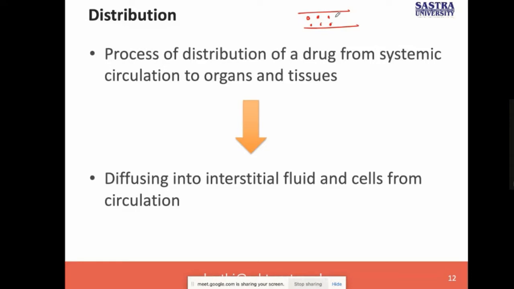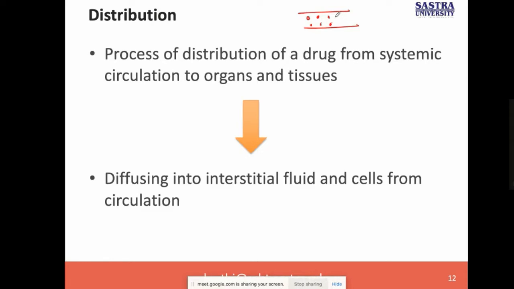All the blood will be circulated throughout the body. All the different organs, tissues, cells, they receive the blood constantly. Why do they need blood? Because the blood carries all the required nutrients, oxygen, everything, right? So the blood should be supplied to all parts of the body. But if you think of the rate of flow, that will be different from one part to another part. That's what we'll be seeing, right?